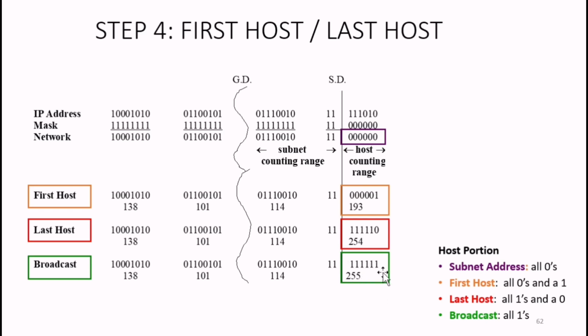However, if it's all 1s, it means it is the broadcast address. So before that is the binary sequence 111110. So the first host should be this binary number, and the last host should be this binary number, and the first and last ones are the network address and the broadcast address.